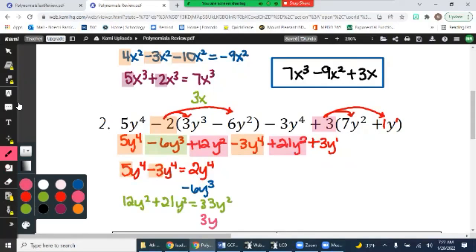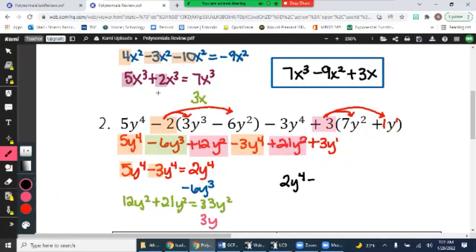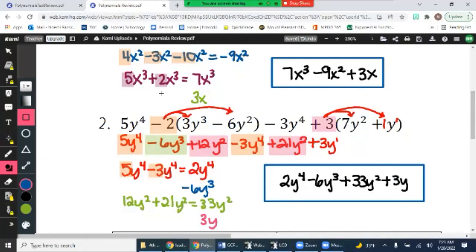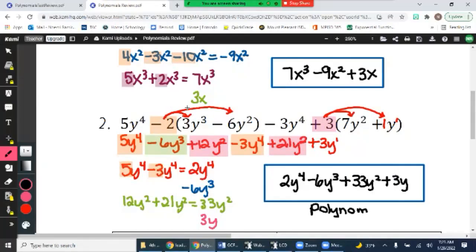And now 4, 3, 2, 1, they're in order, so let's just put it together. 2y to the fourth minus 6y cubed plus 33y squared plus 3y. There's your final answer. Now we have 1, 2, 3, 4 terms, making this one a polynomial. How many terms do we have in this one? 1, 2, 3, making this one a trinomial.